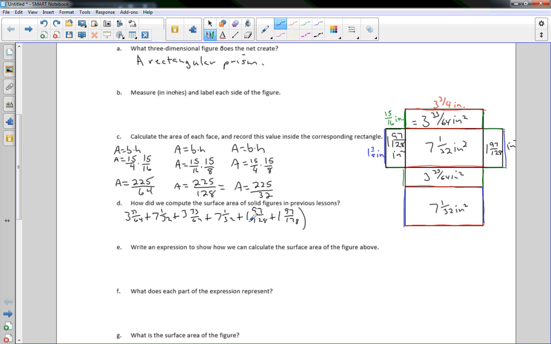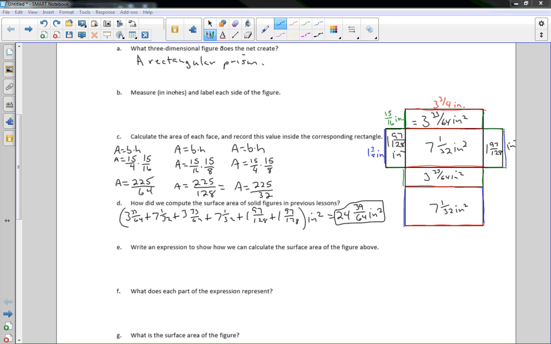And I'm just going to put parentheses around all of this. I'm going to put inches squared on the outside so I don't have to write it over and over. So we have 1, 2, 3, 4, 5, 6 sides that we add up. So the surface area of this solid figure in this lesson is the sum of all of these. And I will calculate that and let you know what that is in a moment.